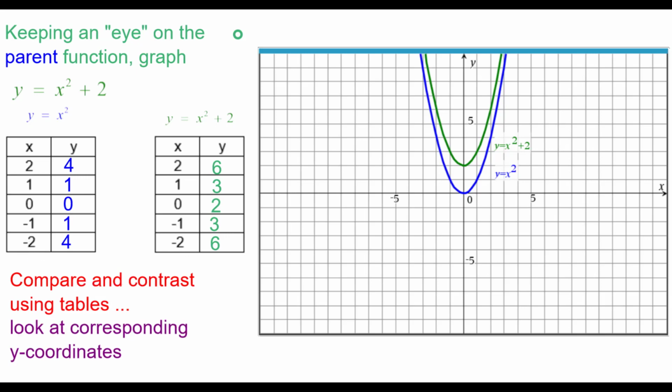But look at the corresponding y coordinates. If you need to pause, go ahead and do so. But you'll notice from 4 to 6 is plus 2, from 1 to 3 is plus 2, from blue to green is plus 2 right across each part of the table.